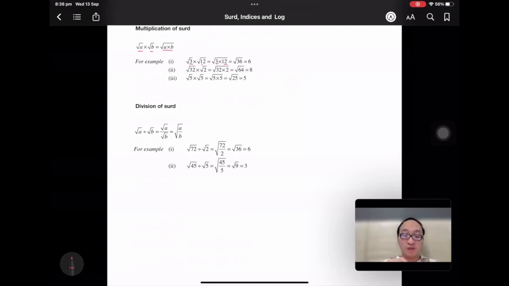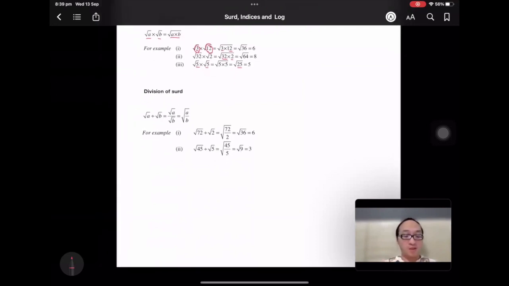We combine the numbers into one root, so it equals root of 36, which equals 6. Square root of 32 times square root of 2 becomes square root of 32 times 2, and this equals 8. And the last one, square root 5 times square root 5 equals square root of 25, which is 5.